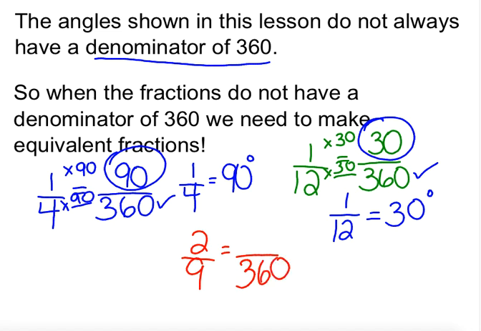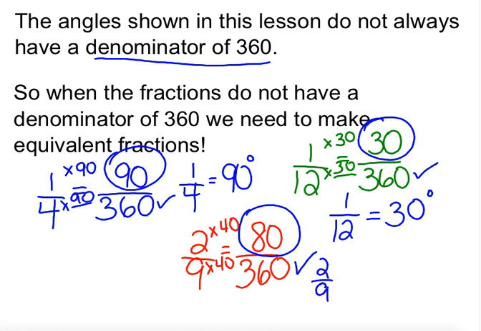So 9 times what will give me 36, which is 4, and that becomes 40. So then we multiply the numerator by 40, and we get 80. And now we can say, wow, the denominator is 360. So I'm going to look to the numerator. So 2/9 of a circle is equal to 80 degrees.